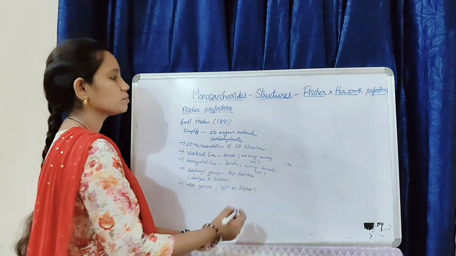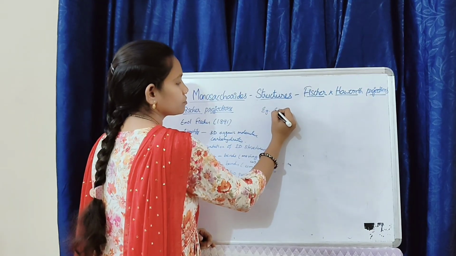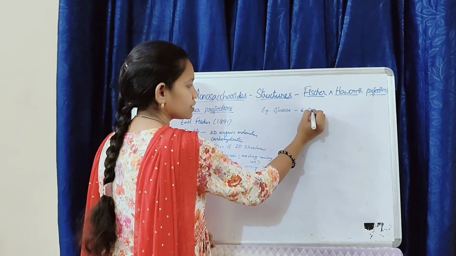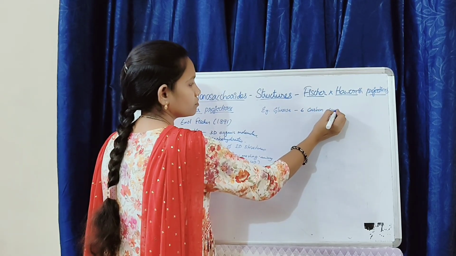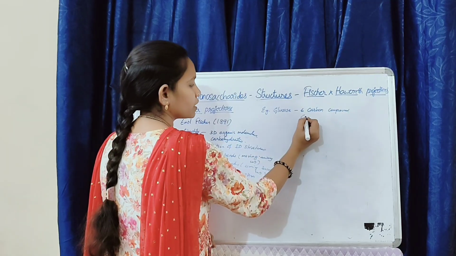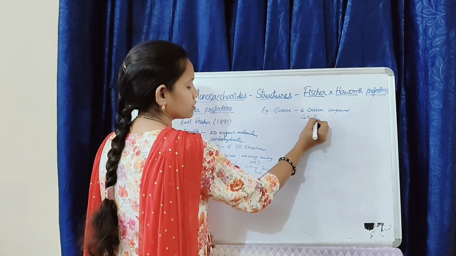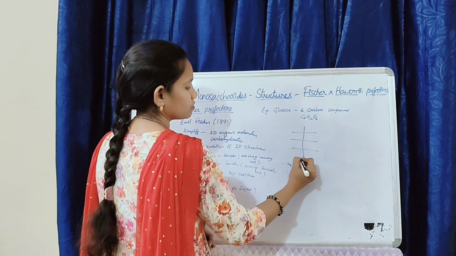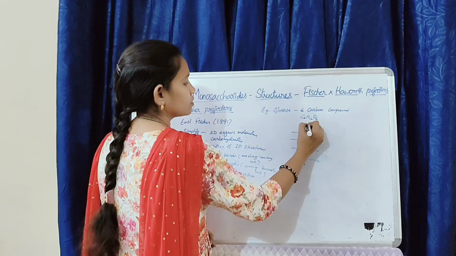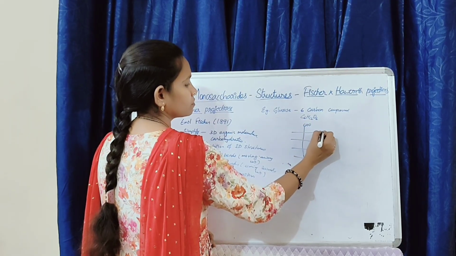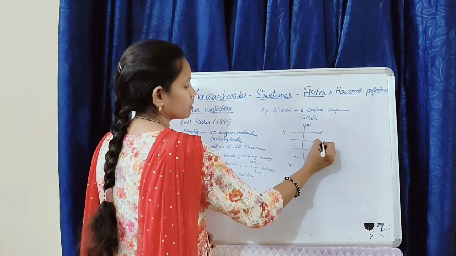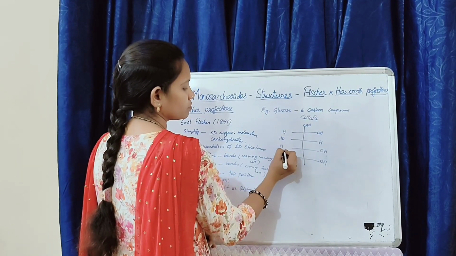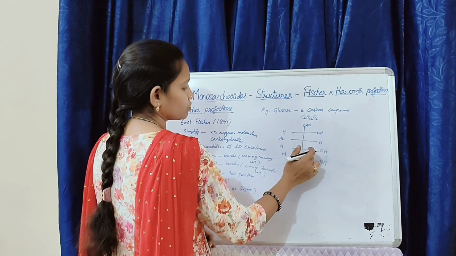Let's see with an example of glucose. Now you already know that glucose is a 6-carbon compound, and its formula is C6H12O6. Aldehyde, OH, H, H, HO, OH, OH, carbons 1, 2, 3, 4, 5, 6.